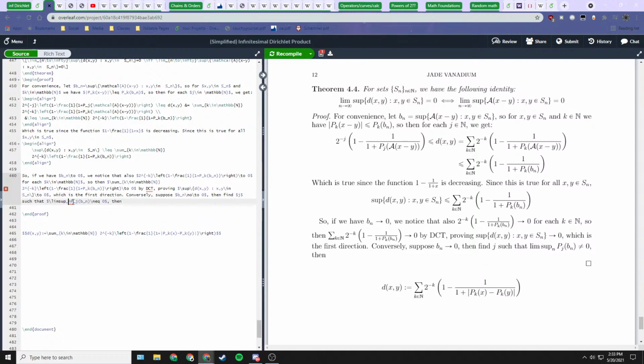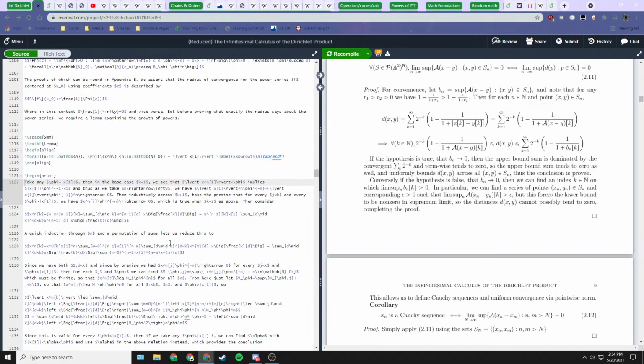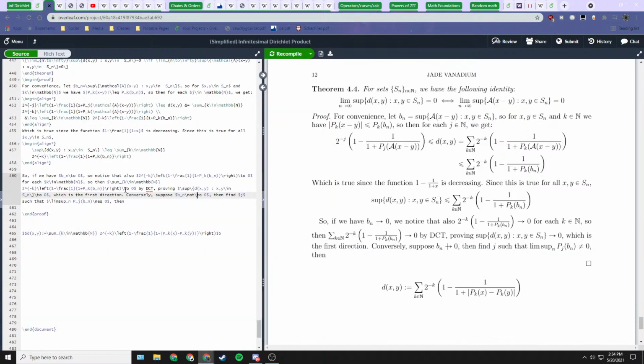Undefined control sequence. That's that maybe? Oh, that's right. Right there. Well, that's interesting. Fascinating. Okay.